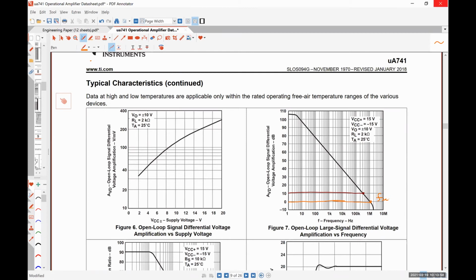This unity gain frequency is exactly the same as our gain bandwidth product, because here the gain is 1, so our bandwidth is the rest of it, right?